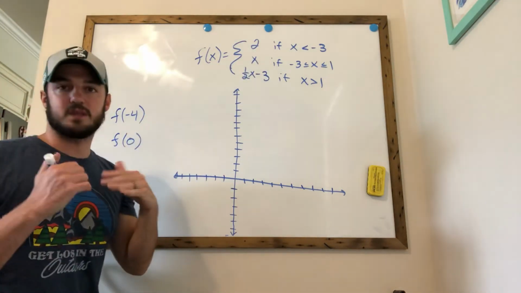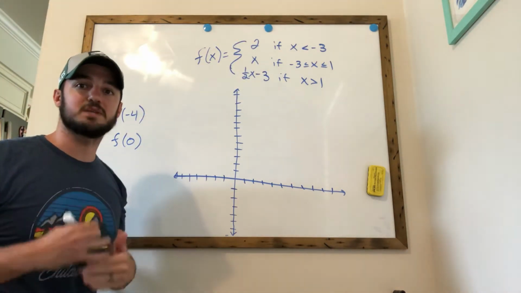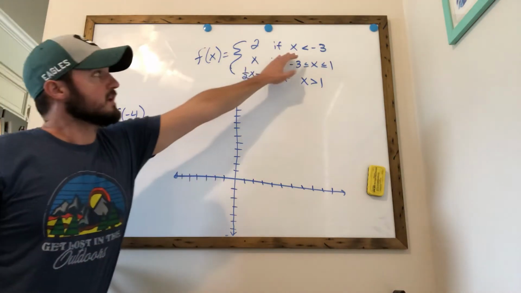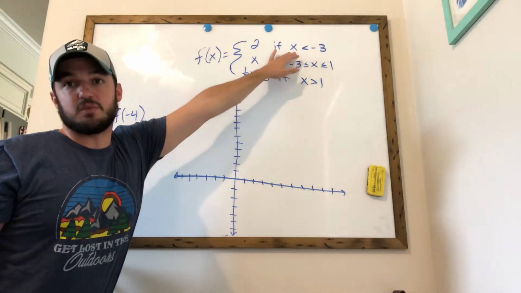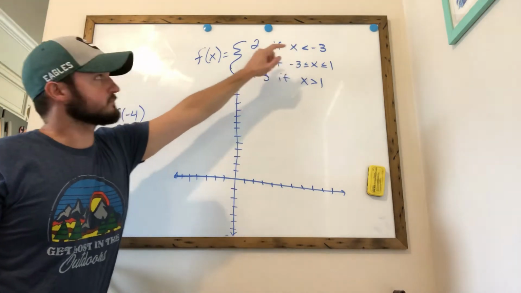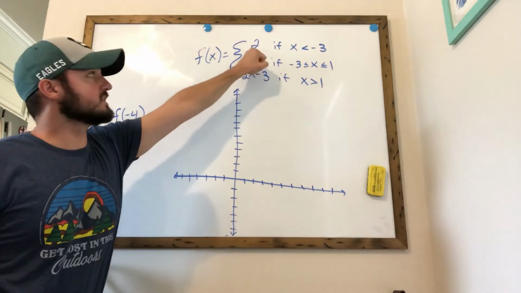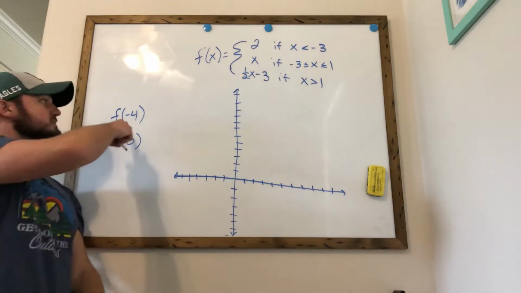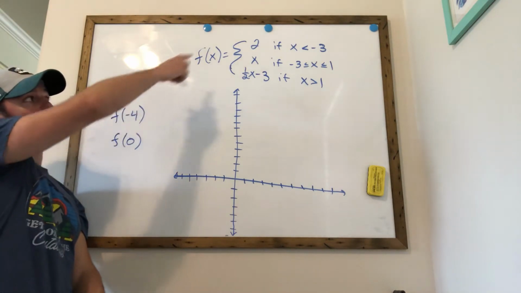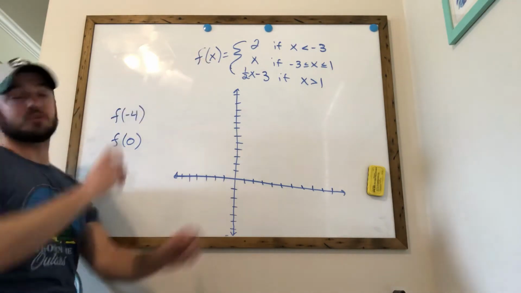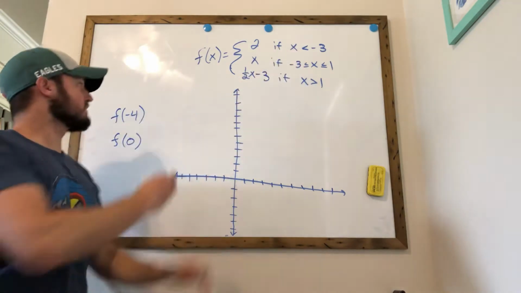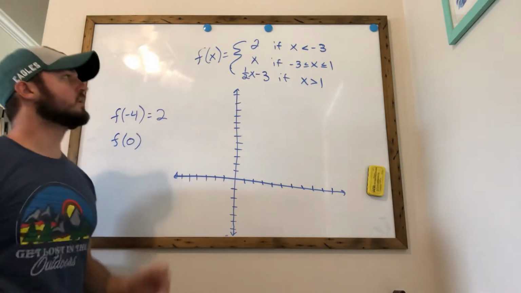It's split, they call it a piecewise function because there are different pieces. So in this one, for any value of x that's less than -3, the value of the function is 2. If we're plugging in -4, it fits into that top domain because that's less than -3, so that's just 2.